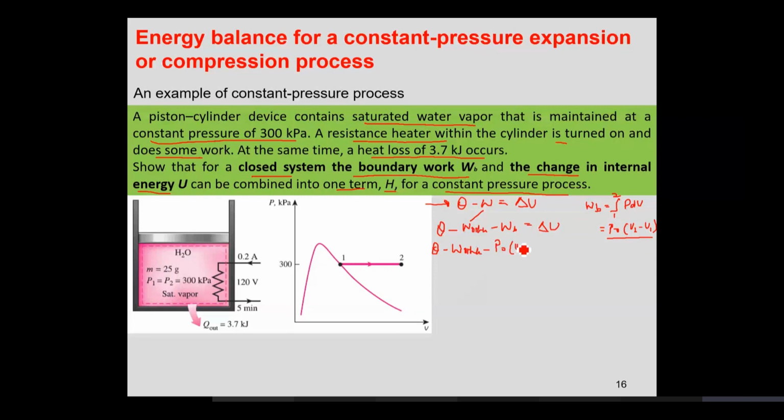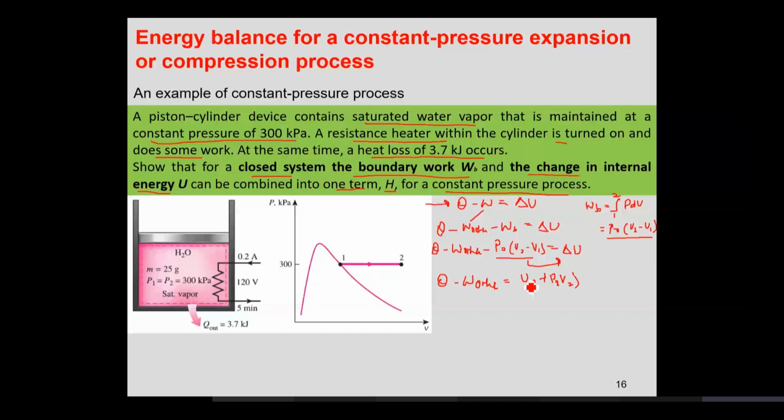Now if I take this expression onto the right hand side, we will see that Q minus work other is essentially equal to U2 plus P2 V2 minus U1 plus P1 V1. Since P naught is equal to P2 is equal to P1, I can write this expression.